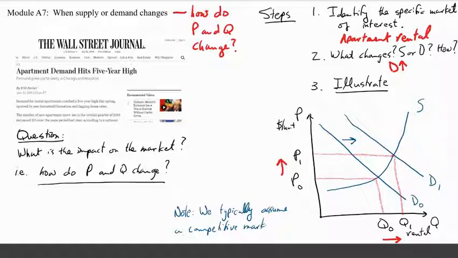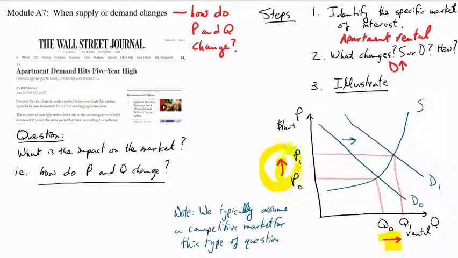So typically using supply and demand to address questions about changes in price and quantity, when we have a change in demand or supply, we use this competitive market model, and it gets us directly to what has happened to the change in price and the change in quantity.